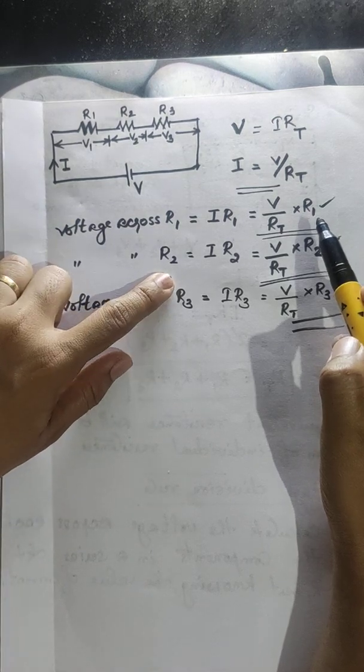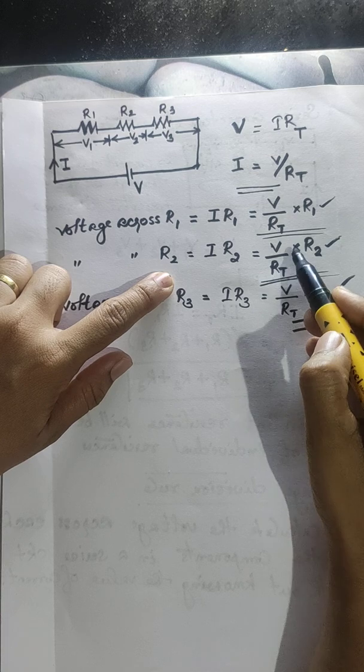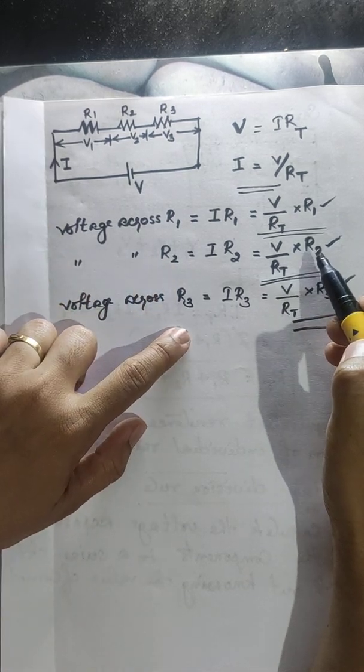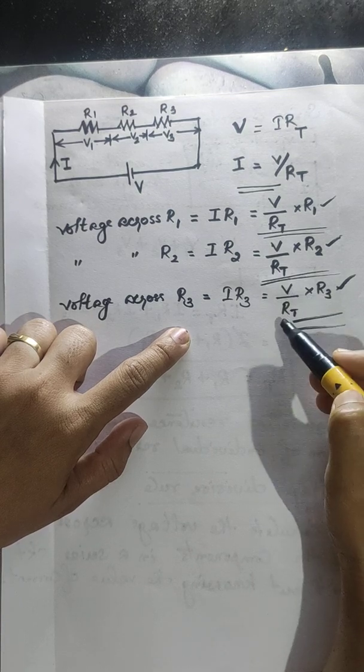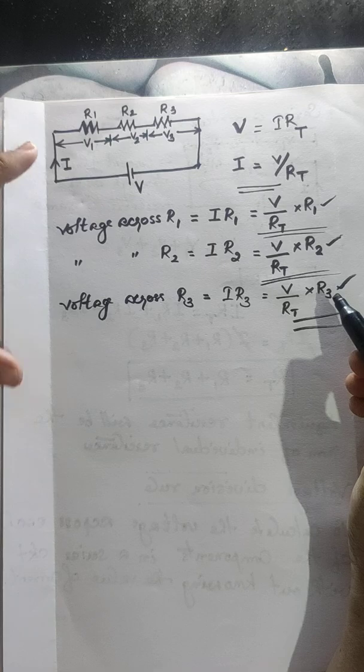Voltage across R2 is total voltage divided by total resistance into that resistance R2. And voltage across R3 is total voltage divided by total resistance into that corresponding resistance R3.